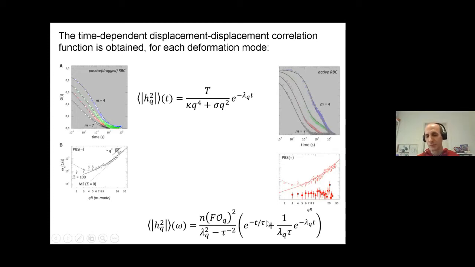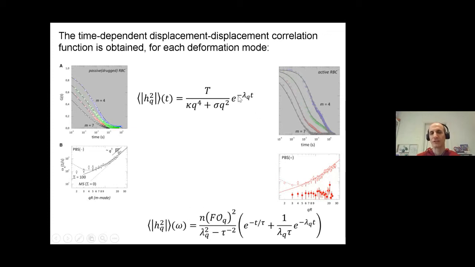But there is a new mode that appears, and that new mode is indeed at a frequency which is completely constant, and is simply given by this tau, this natural time scale for this motor that we are presuming is active and giving additional active kicking to the red blood cell membrane.